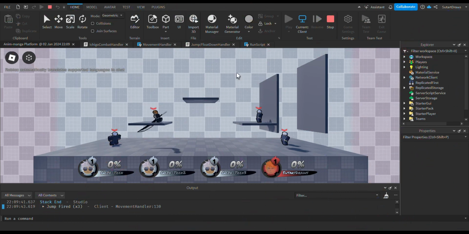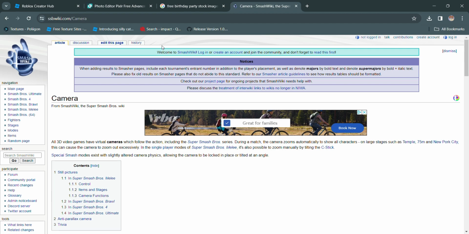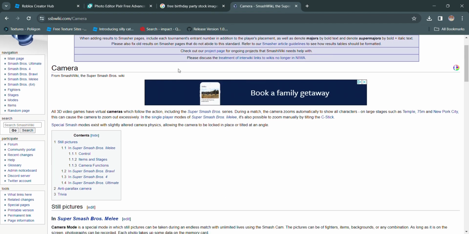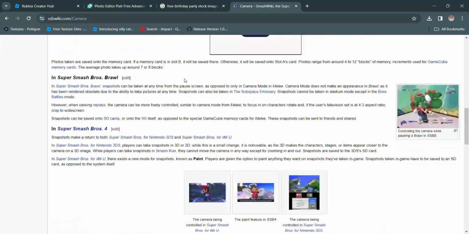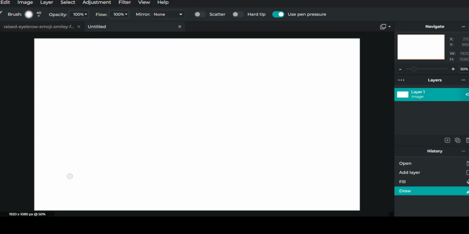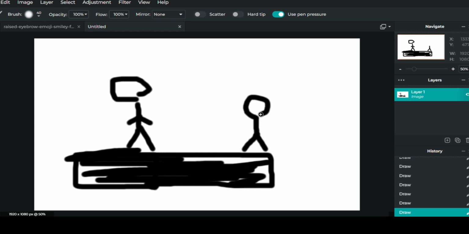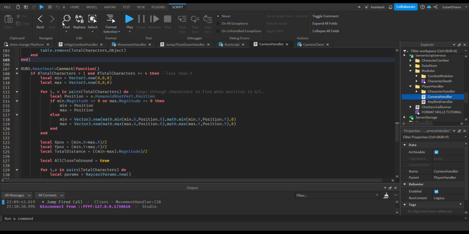I just started to do the camera movement, because in Smash Bros it has a really interesting way of moving the camera, and it kind of keeps it between the two players, but it's just really cool like that. So what I did to imitate that is I got the magnitude of the players' X and Y position and added them together, obviously separately.